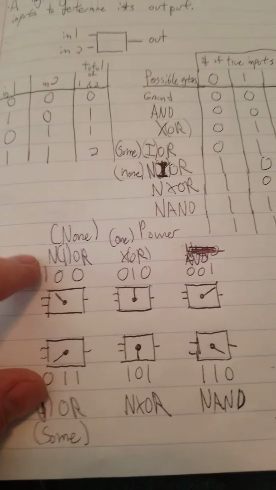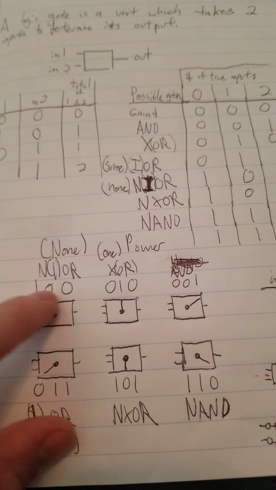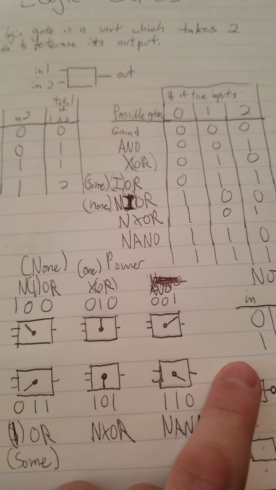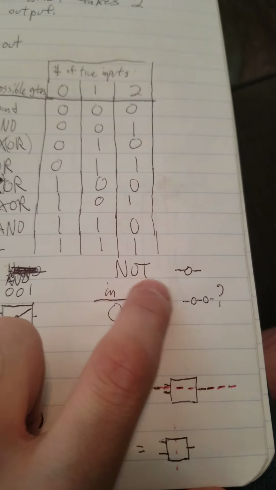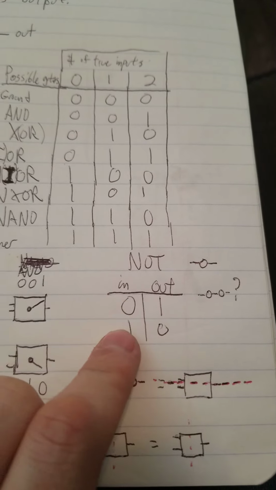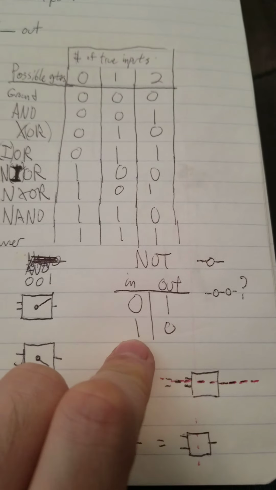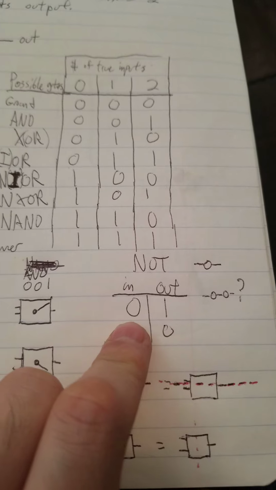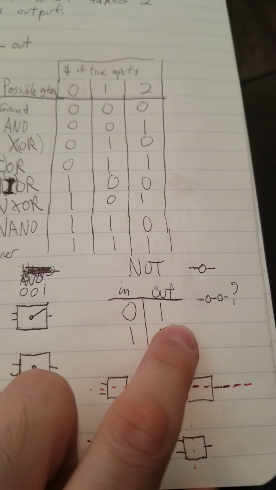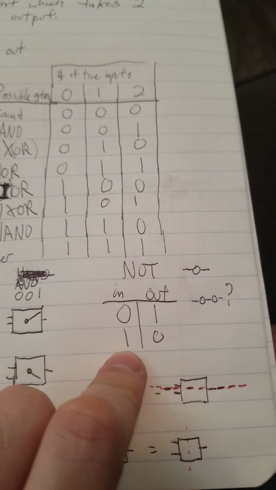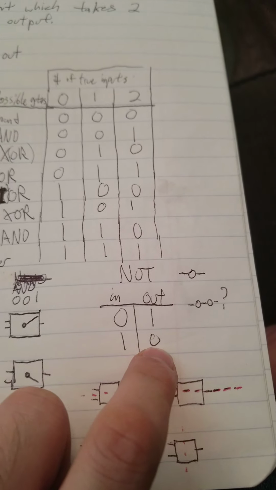So what is really cool about this is how it interacts with the NOT gate. The NOT gate is this special logic gate which only has a single input and a single output. What it does is it makes it the opposite. So if you get a 0 in, you get a 1 out, and if you get a 1 in, then you get a 0 out.